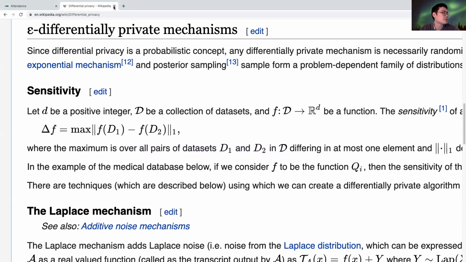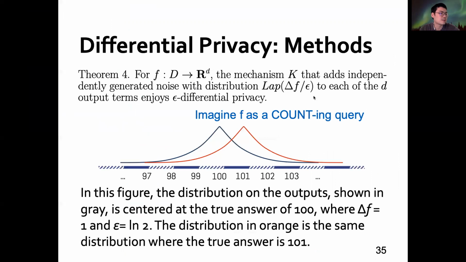Put simply, if you just want to count, it's very simple. If you want epsilon of, say, 0.1, then 1 divided by 0.1 is 10, so b would be equal to 10.